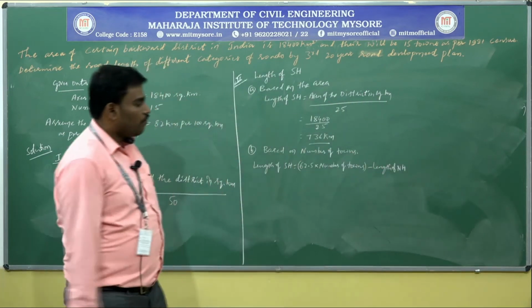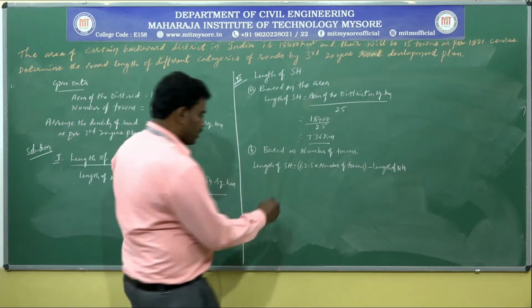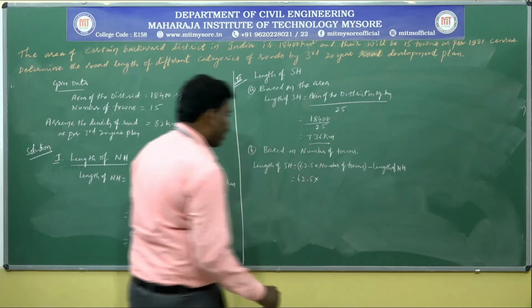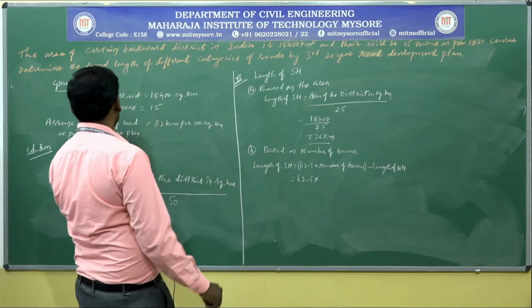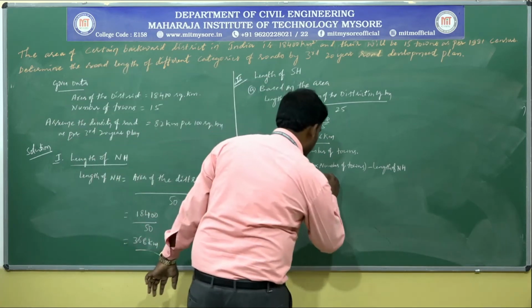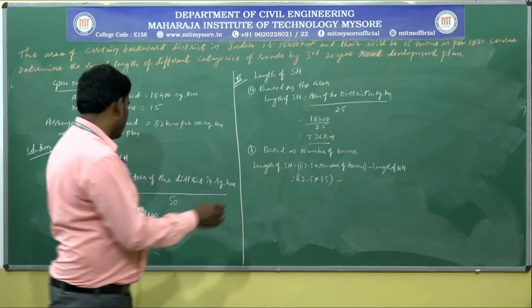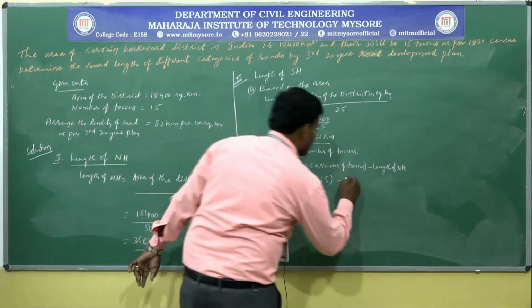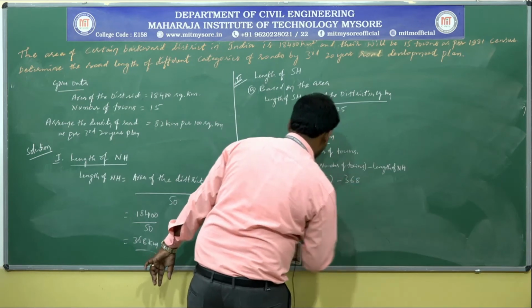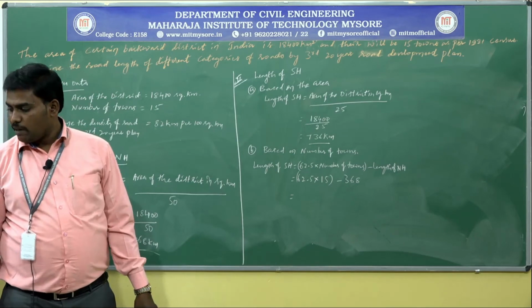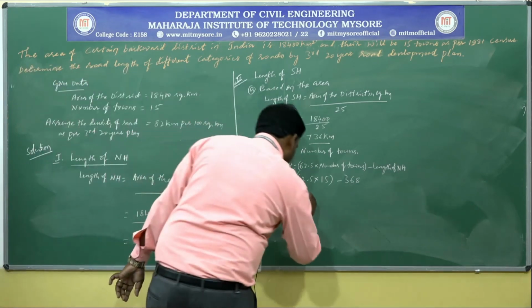They have given the number of towns as 15. So 62.5 into 15 minus the length of NH, which we got from step number 1, that is 368. It gives around 569.5 kilometer.